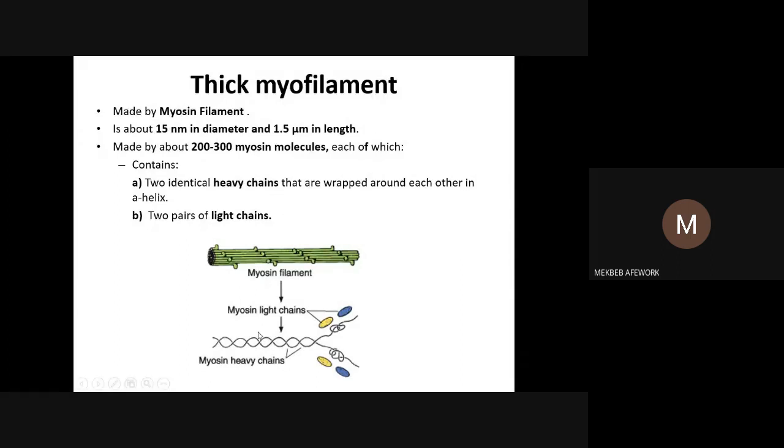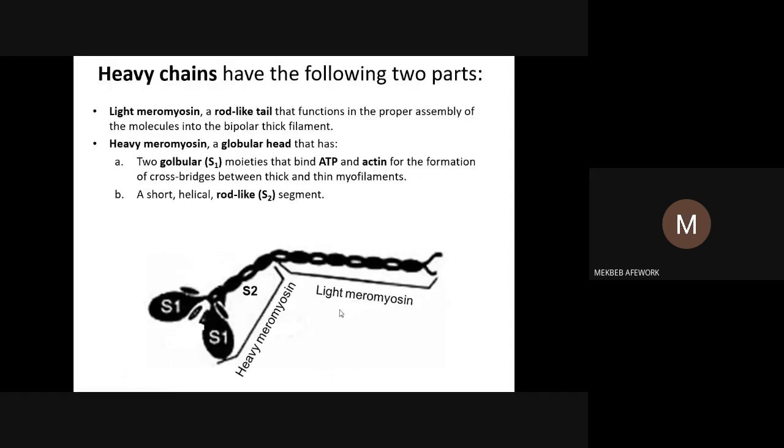Each molecule has a heavy chain and a paired light chain. The heavy chain itself has 2 regions, a rod-like light meromyosin, and a hinge beyond which it bends with a head named as heavy meromyosin.